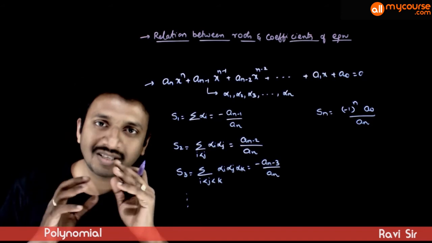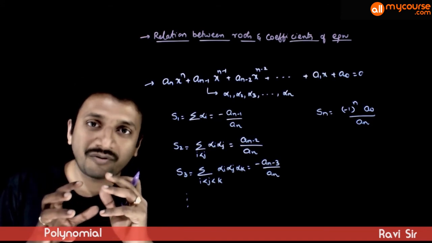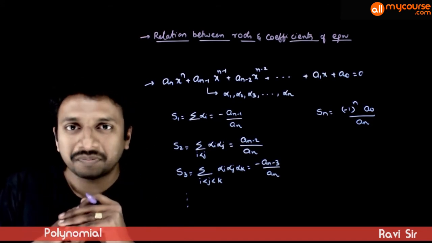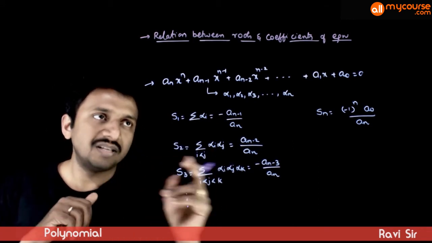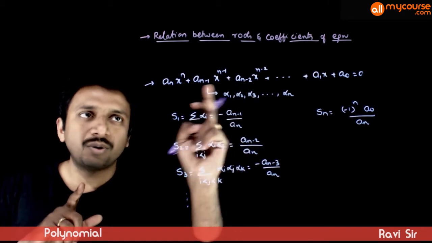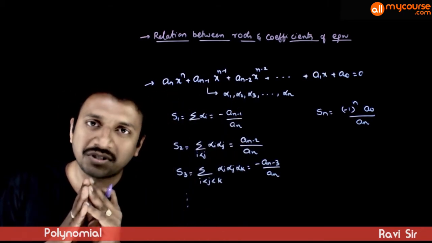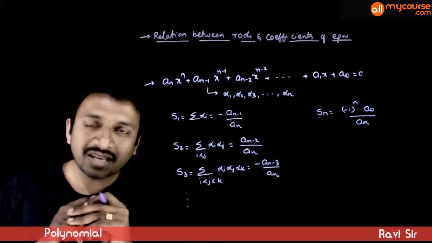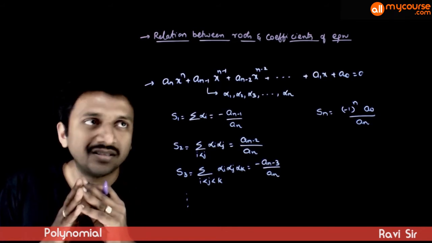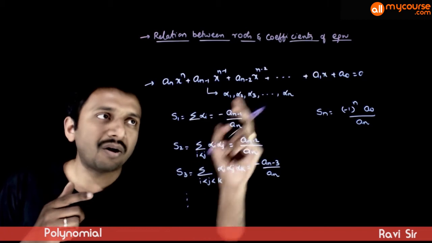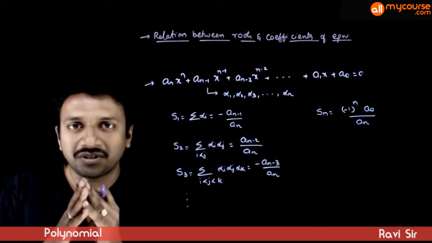S2, the sum of products of two roots taken at a time, sigma alpha_i alpha_j, is equal to plus of next coefficient by first coefficient. Next, S3, sum of products of 3 roots taken at a time, is equal to again minus of next coefficient by first coefficient.